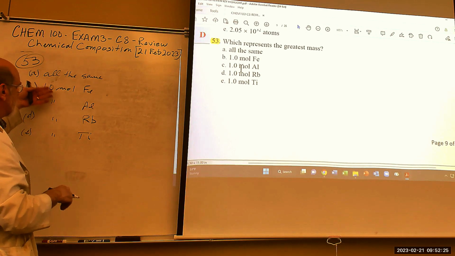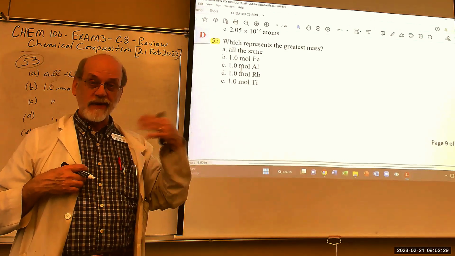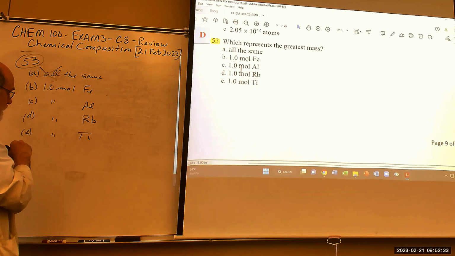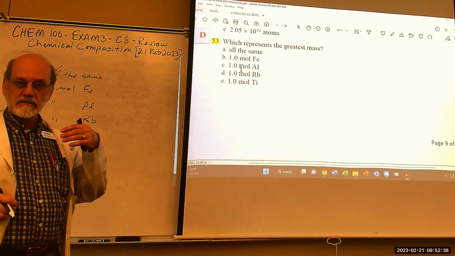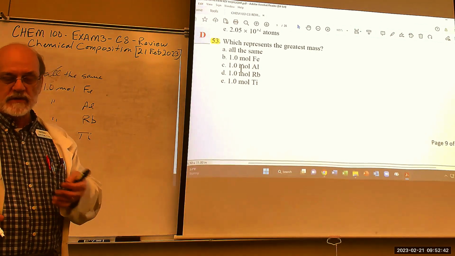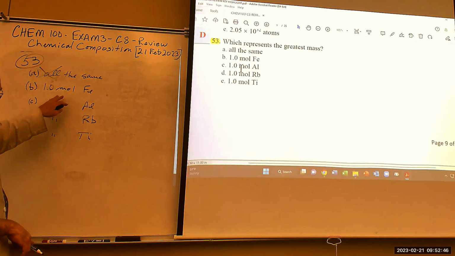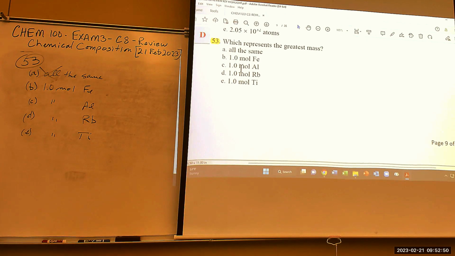Well, they can't all be the same because every element has a different molar mass, right? So this one's out right off the bat. So we just need to look up their molar mass in grams or atomic mass units. It doesn't matter really, they're the same number. If you got 1 mole of each, iron is about 56.